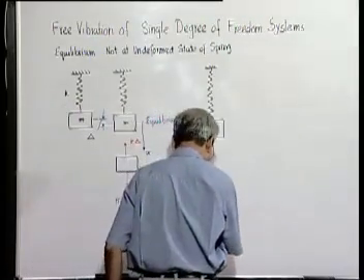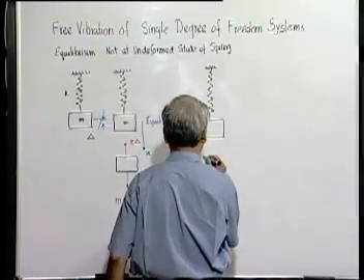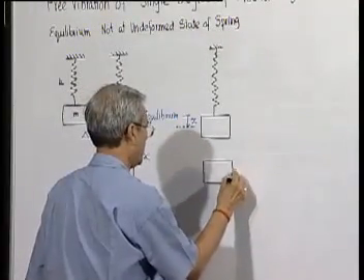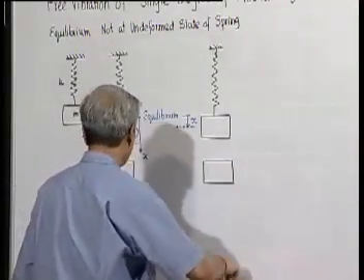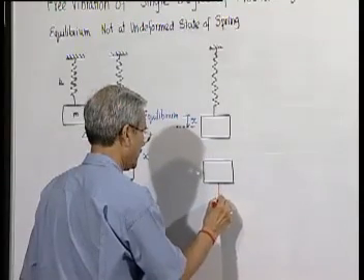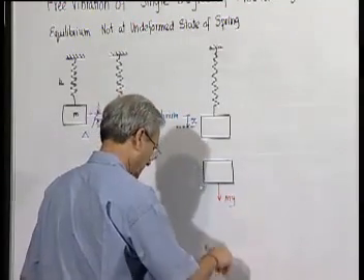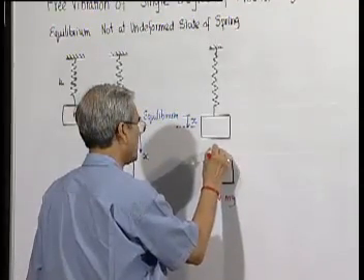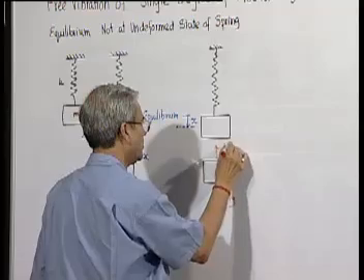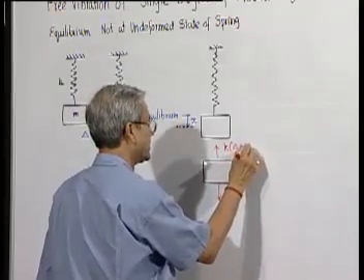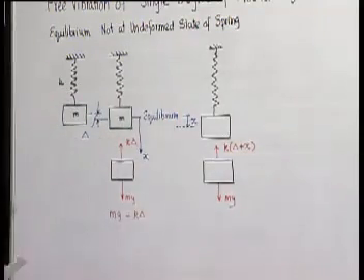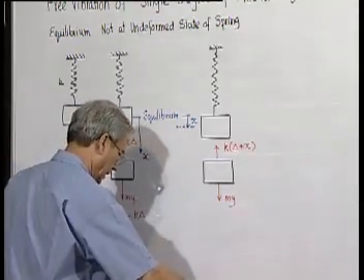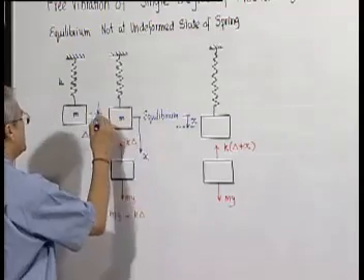And now let us see what is the total force acting on this. One is, of course, the gravity, and the other is the spring force, which is k into delta plus x, because now the total deformation from its undeformed position is delta plus x.